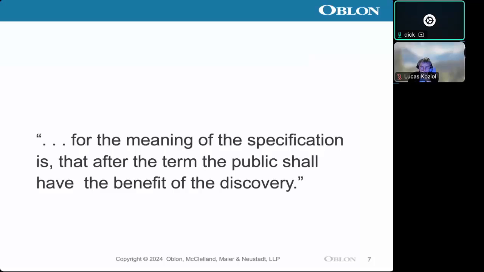A few years later, in 1785, Justice Buller, in King v. Arkwright, basically had no doubt that in 1785, the function of the specification was to teach the public how they can use the invention, and that this was not a new principle of law, but was already well-settled law.